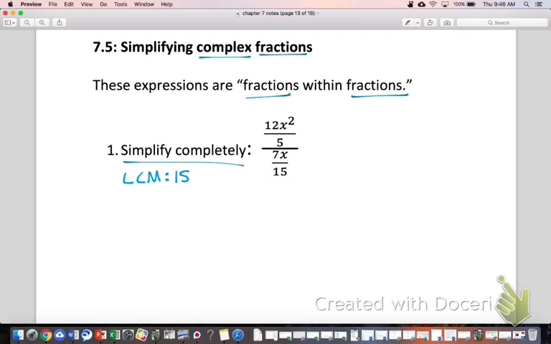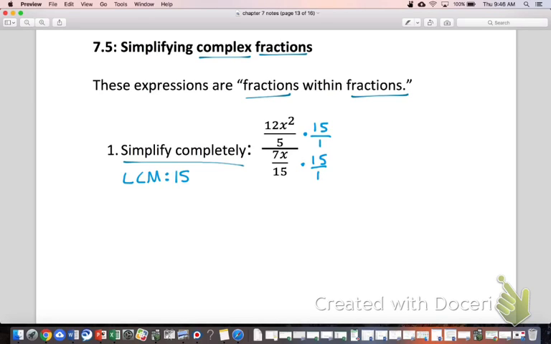We are going to take that 15, and we are going to multiply the top fraction by 15, and we're going to multiply the bottom fraction by 15. So it's going to look like this, times 15 times 15. And if you recall what we've been doing with these rational expressions, you are definitely allowed to multiply the numerator by something as long as you multiply the denominator by the same thing, right?